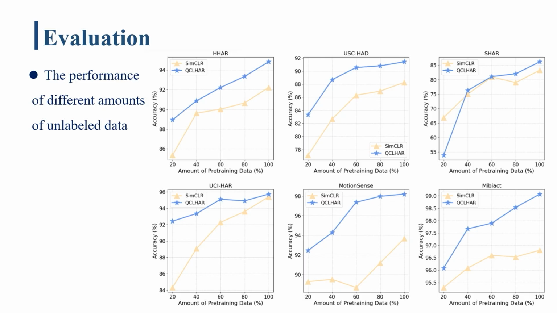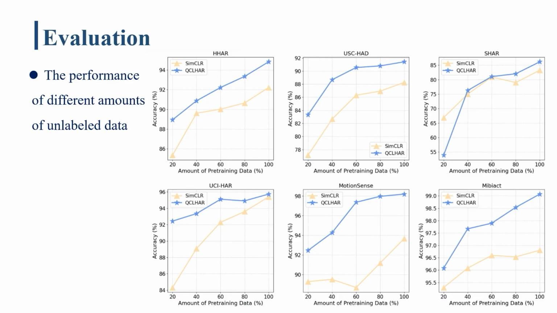Another point is that we have two stages, pre-training and fine-tuning. For pre-training, we use an unlabeled data set. We validate different numbers of unlabeled samples for the performance accuracy.